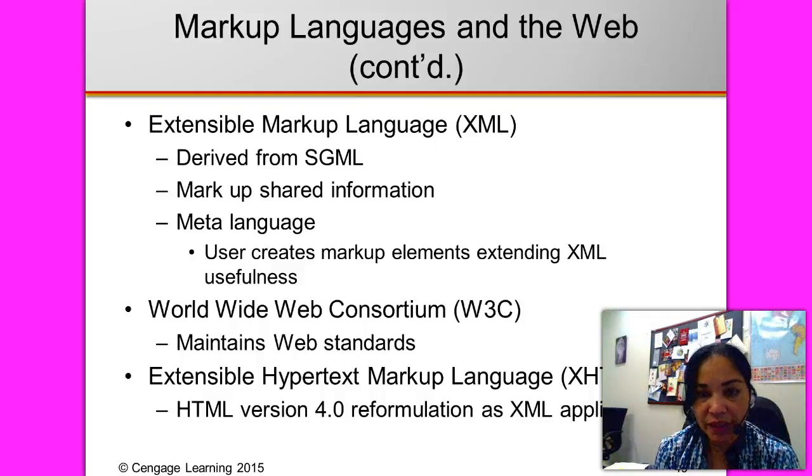XML offers businesses hope for a common language that they will be able to use to describe products, services, and even business processes to each other in common, shared databases.